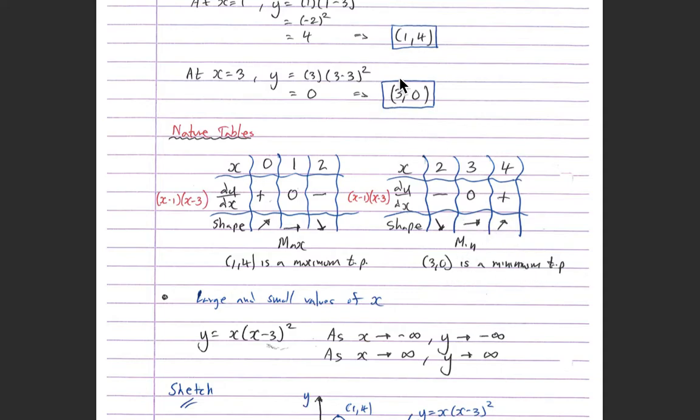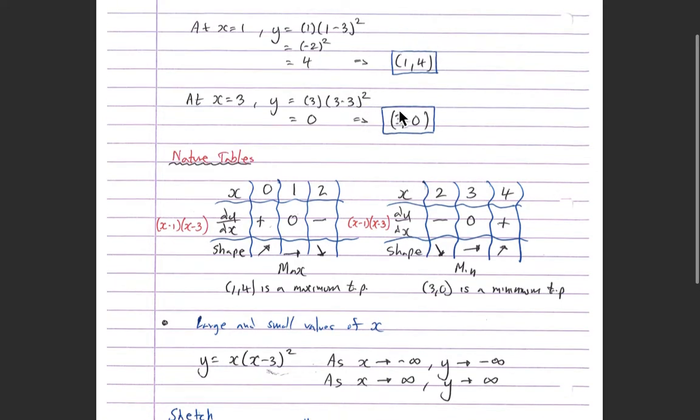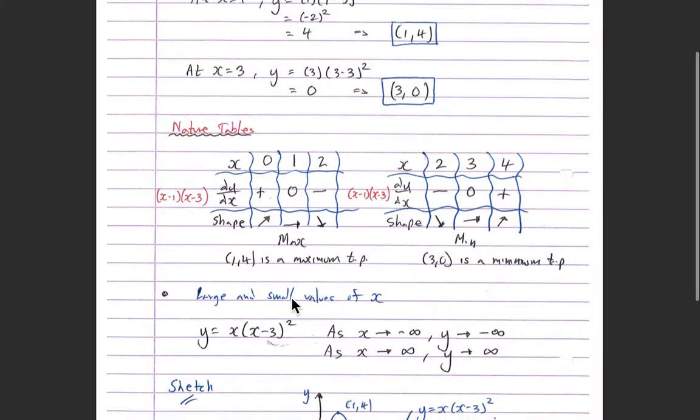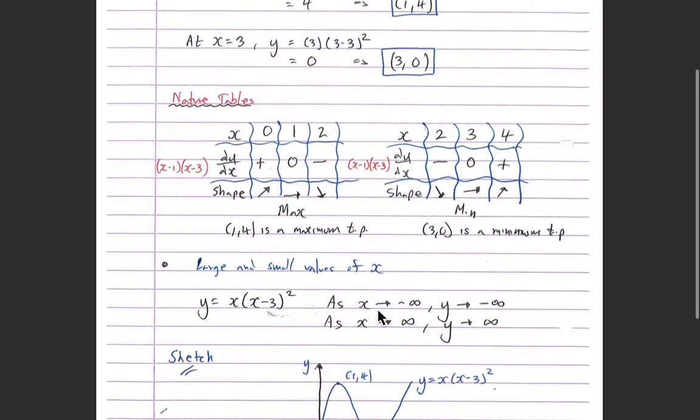So we now have our turning points and our intercepts. We're ready actually to sketch the curve, but we need to do just one more thing. We need to think about what's happening as x is approaching negative infinity or positive infinity. So as x approaches negative infinity, it gets smaller and smaller and smaller. What happens to this y value? Will it be very big or very small? So this will be a really big negative number here and a really big negative number here.